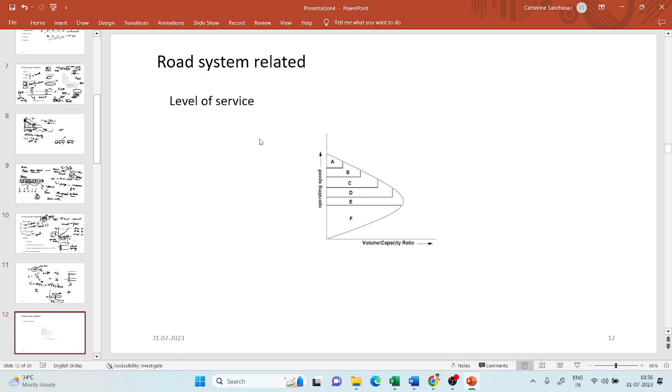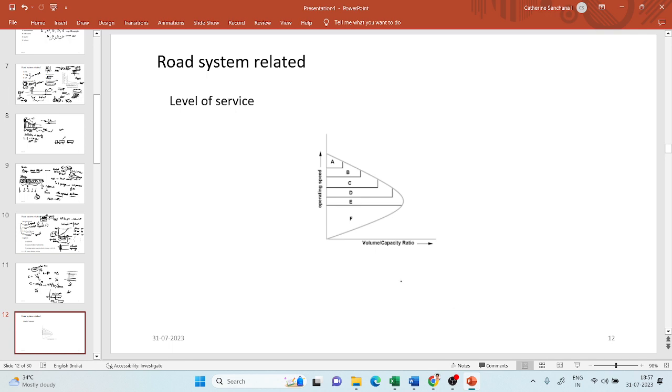Okay, so I'm constructing a road and it is going to be of service to you. It is going to serve you in some way. It is going to serve you in transporting yourself from one place to another. So how good is my service? Is my service very good, or is my service poor, or is my service fair enough? So that is given by level of service.